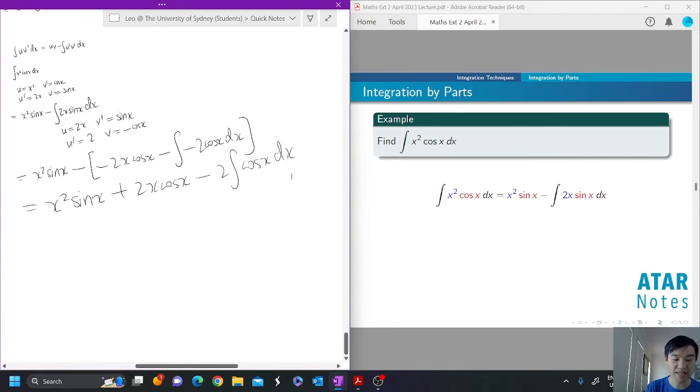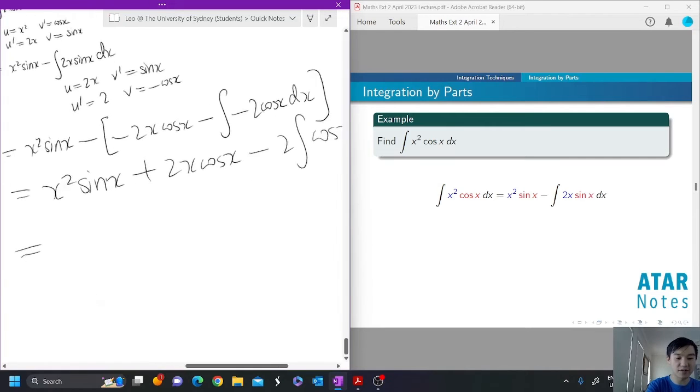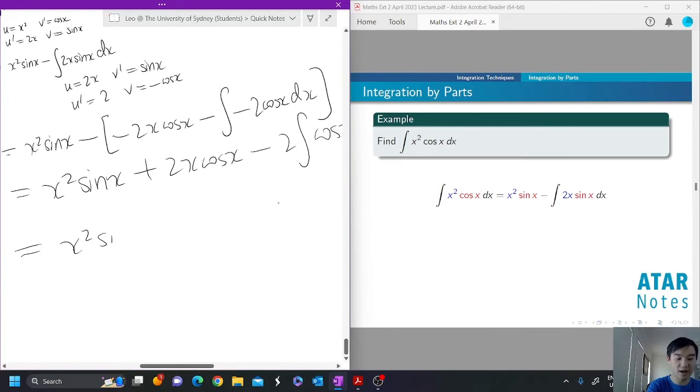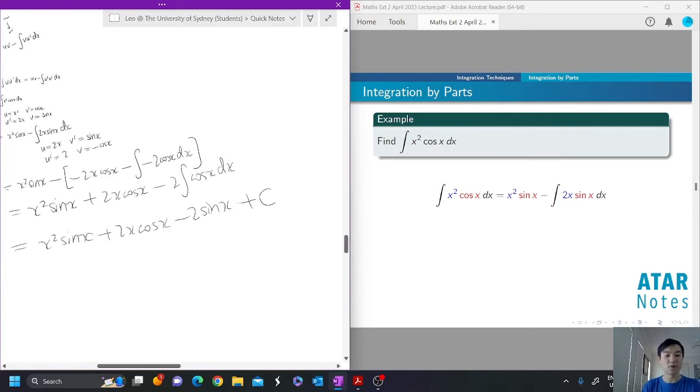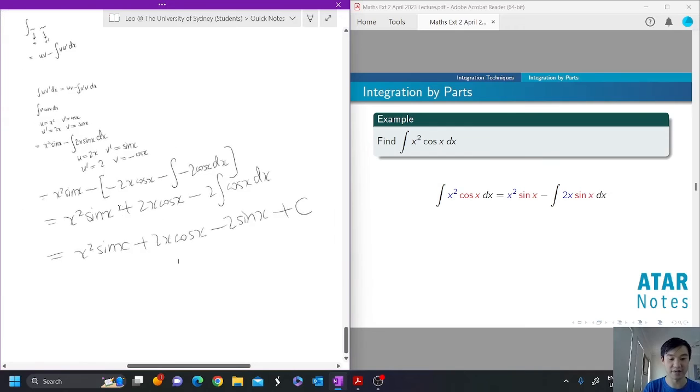Now this is an integral we know how to solve, because the integral of cos is simply sine. So our final answer is going to be x squared sine x plus 2x cos x minus 2 sine x. And don't forget your plus c, because it's an indefinite integral.